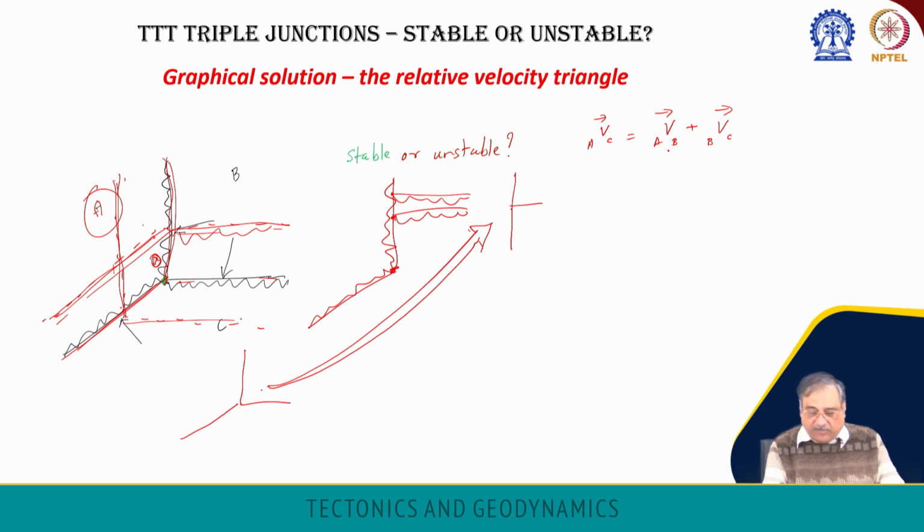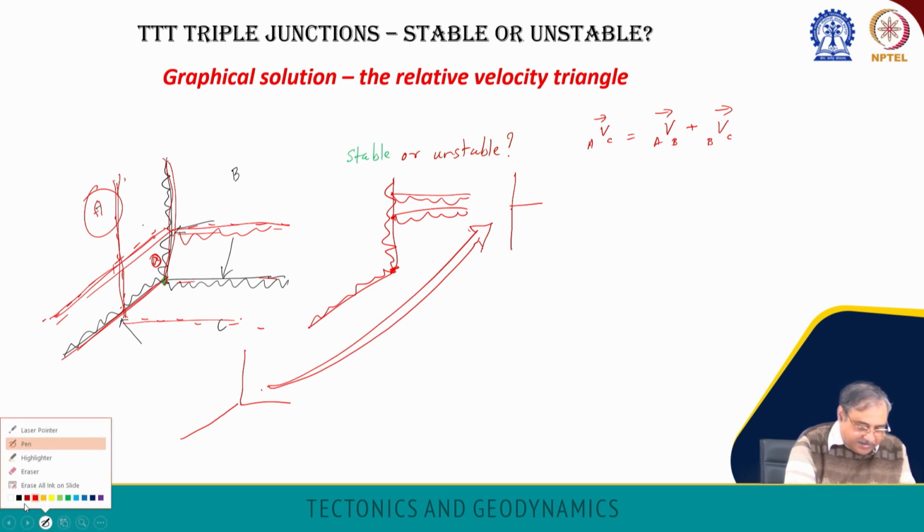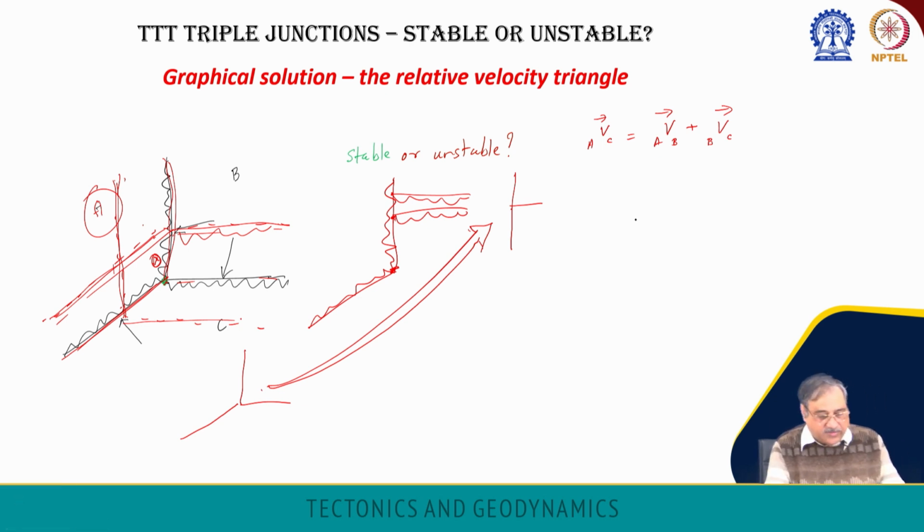So now if I plot the relative velocity of B with respect to A, if you remember, so this is B with respect to A. Let's use the black pointer for the relative velocity triangle. So if this is my point A, now B, to an observer on plate A, B is moving this way with time.